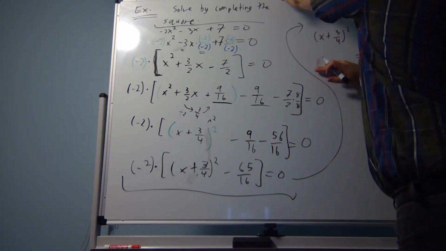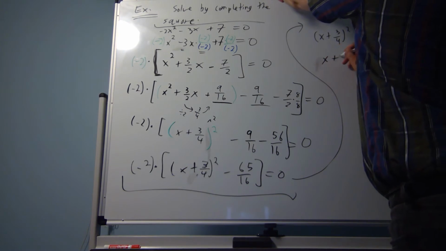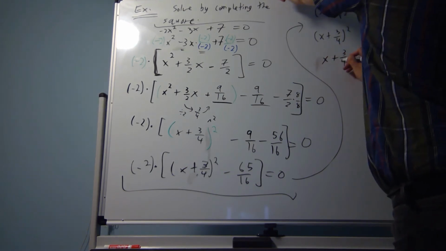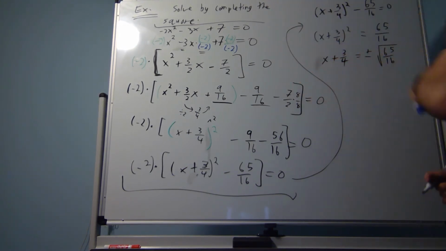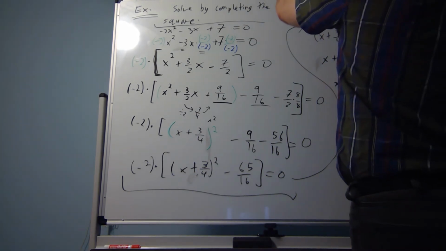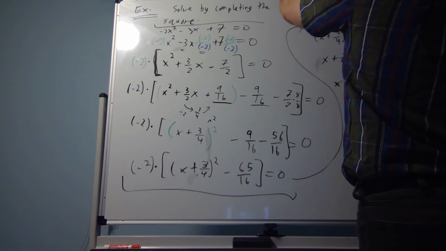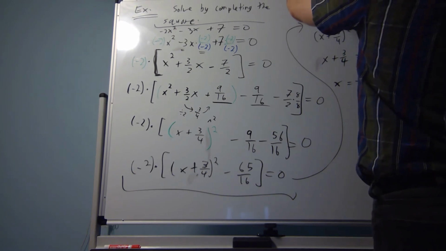Okay, so then plus or minus, and then square root of both sides. So x is -3/4 plus or minus.